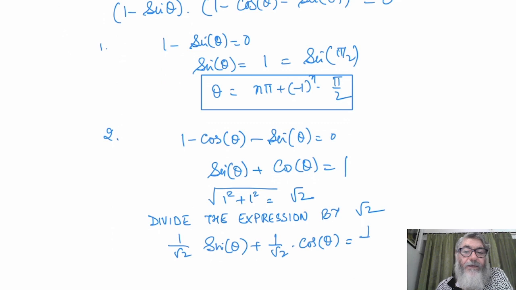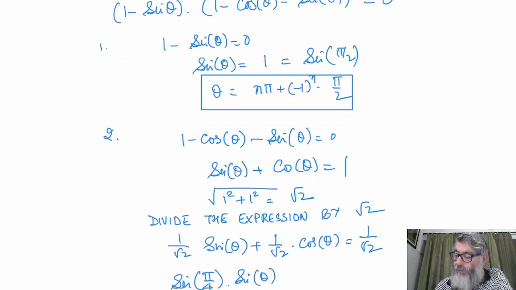Again, we can write it as sine pi by 4 sine theta plus cos pi by 4 and cos theta is equal to 1 by root 2.